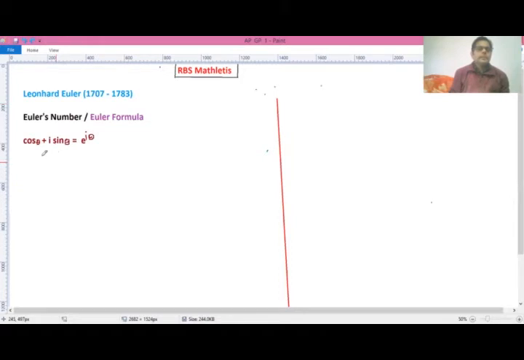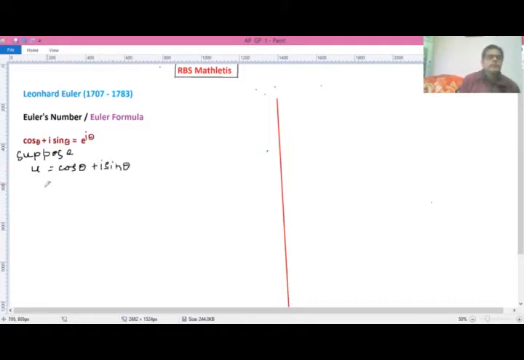And here let's see how these two things are equal. So here u equals cos theta plus i sin theta.